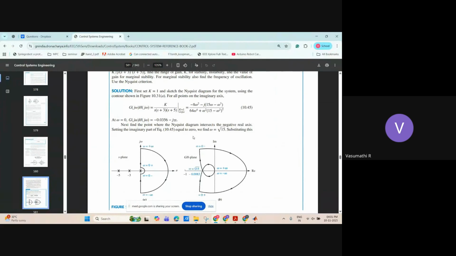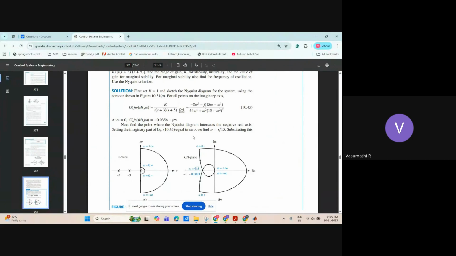Maybe in problems we'll see. Here, magnetic blocks. Is there any example that has open loop poles s square plus 4s plus 50?